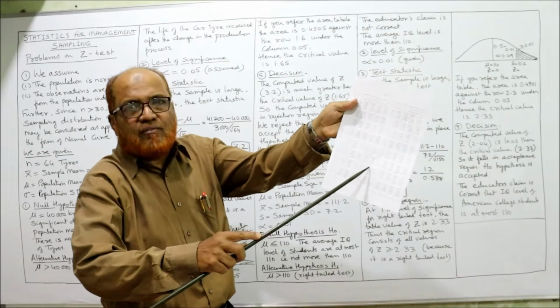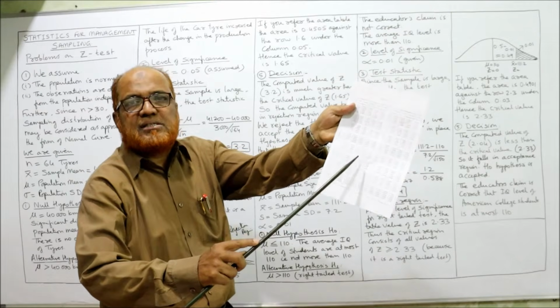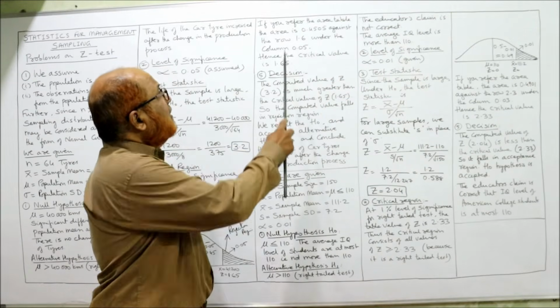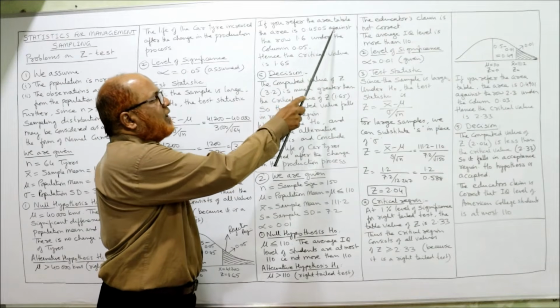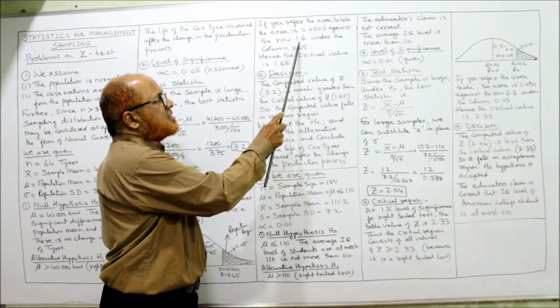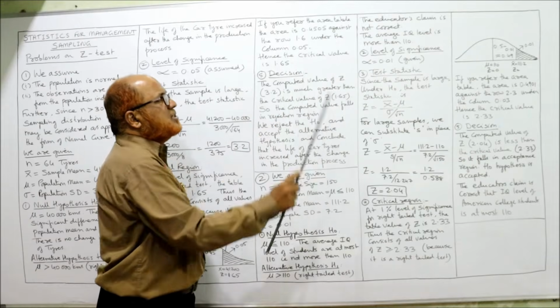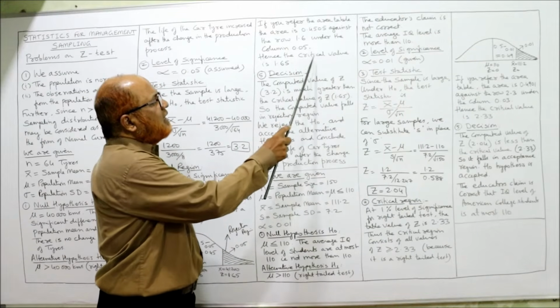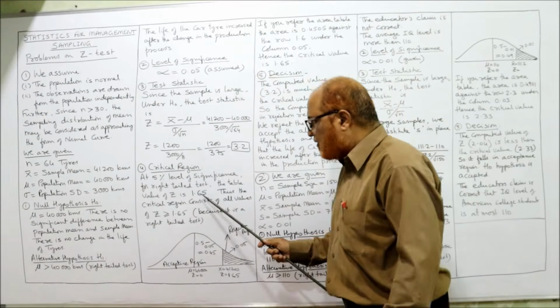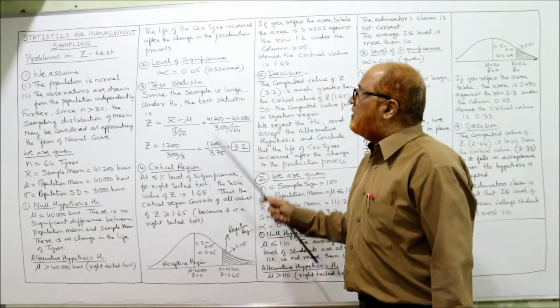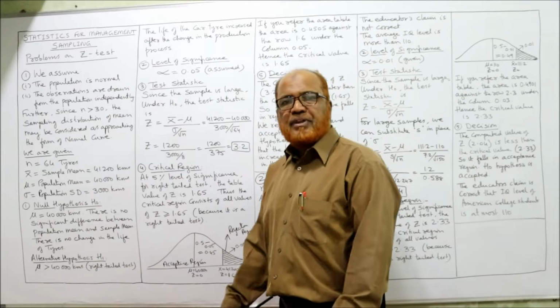Column 0.05, row 1.6. So here I have written, if you refer to the area table, the area is 0.4505 against the row 1.6 and under the column 0.05. Hence the critical value is 1.65. That is the 1.65 I have taken here. The critical value is 1.65.